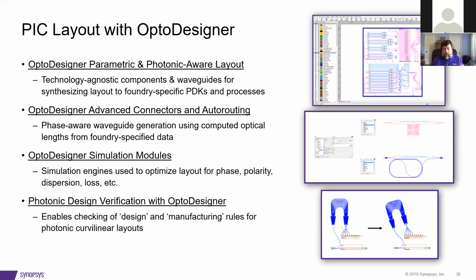You're going to go to one of a couple of foundries that exist in the world for making this. The foundry has certain rules that they have to obey, what things they can do. Your tool has to be aware of those rules so that you can build within what that foundry can make, okay? And you have to then make sure that what you've designed will work. And so that's the business of OptoDesigner.